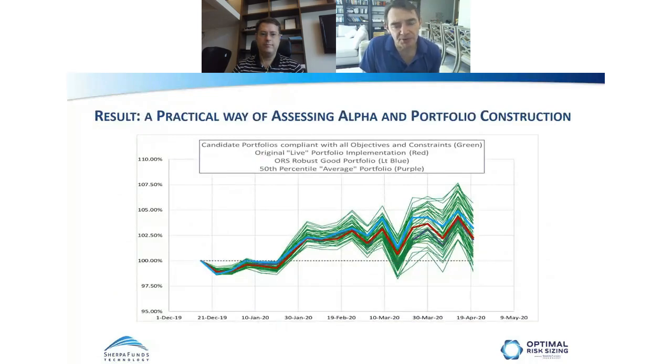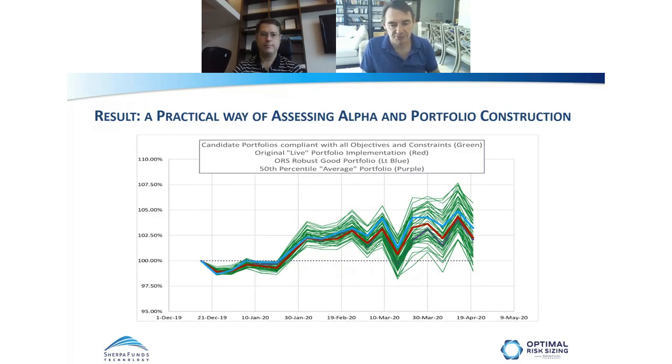Returning to the point again before I hand back to Steven, the purpose of this whole thing, and we did a couple of webinars on this in the past, and I think the links will all be in the video and the discussion, is to say, for a portfolio manager who has a specific set of assets they've selected and a specific set of objectives and constraints they're working to, what is the possible set of outcomes they could achieve?